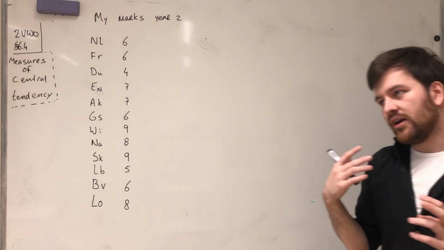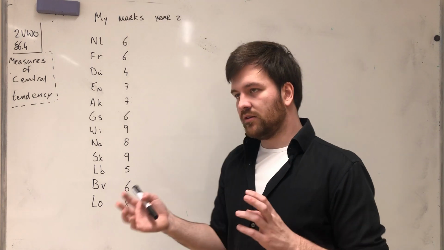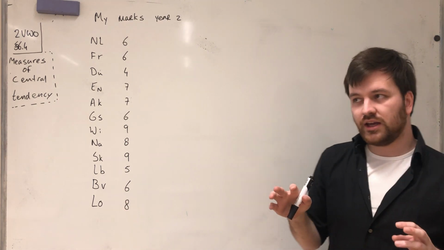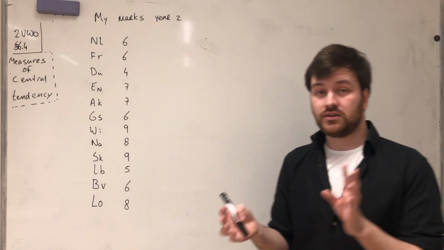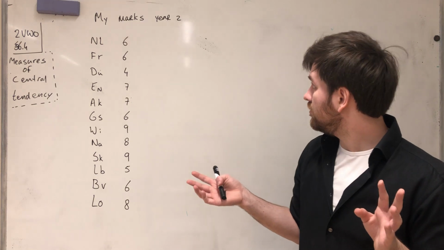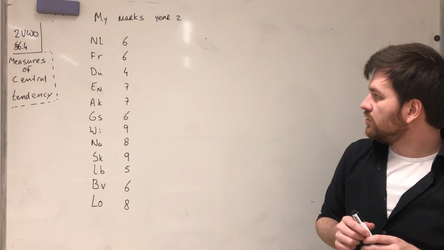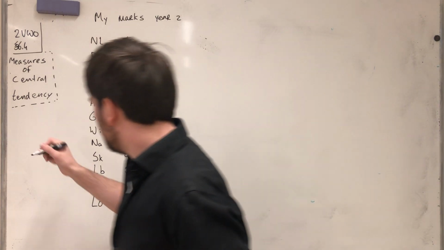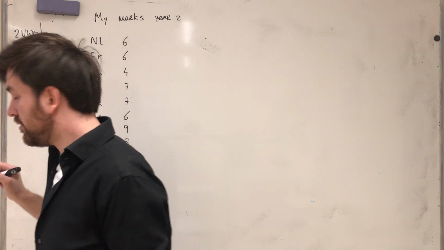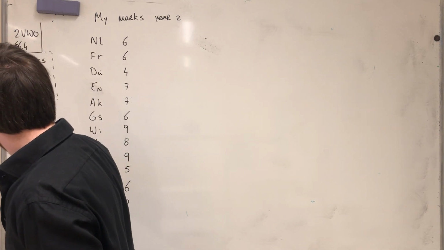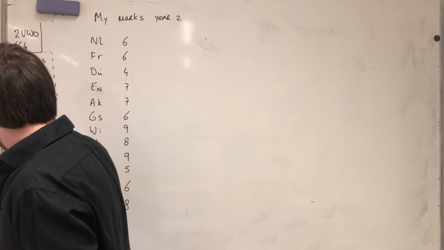For example, when you have a math test and throughout a year you make about 8 to 10 math tests, then the average grade is one of the measures of central tendency. So in this video we're going to look at three of them. We're going to look at the mean, which is basically another word for average. We're going to look at the mode and the median.